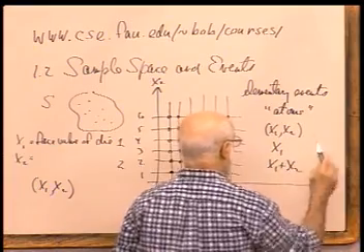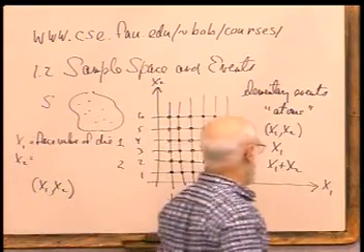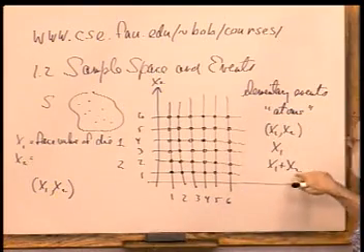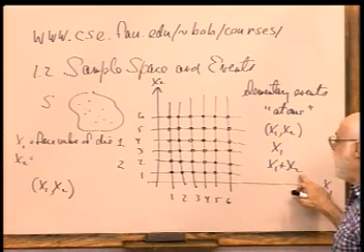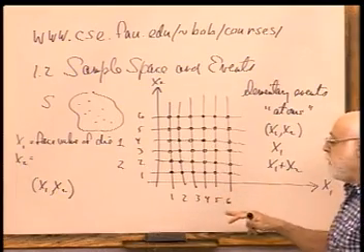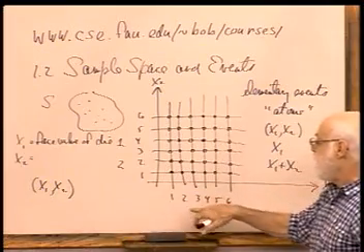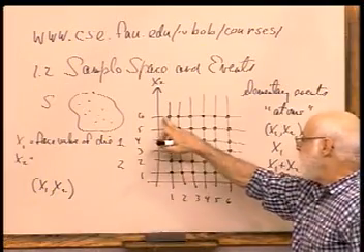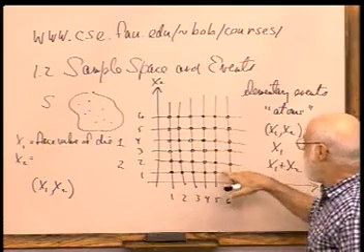I could ask, what about x1 plus x2? So, for example, if I wanted to worry about the sum of the dice equaling 7, that event would consist of the points, all of which had the property that if I add up the value of x1 and the value of x2, their sum is 7, which would be this point, 1, 6, this point, 2, 5, that, and so forth.